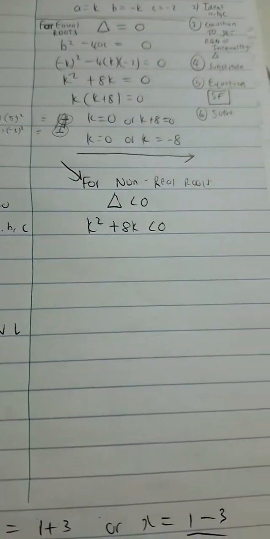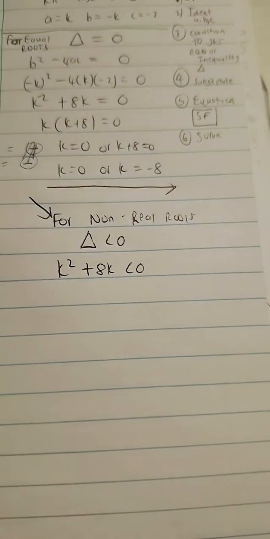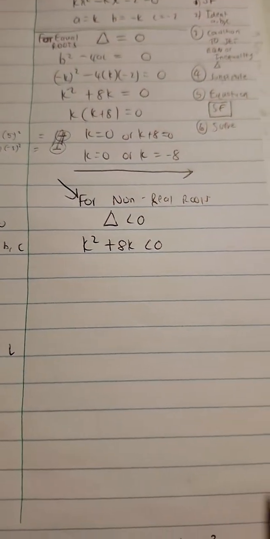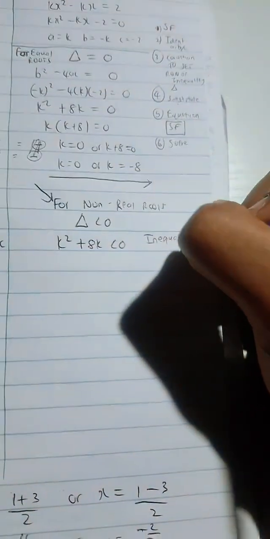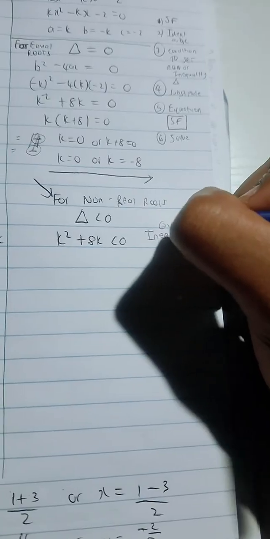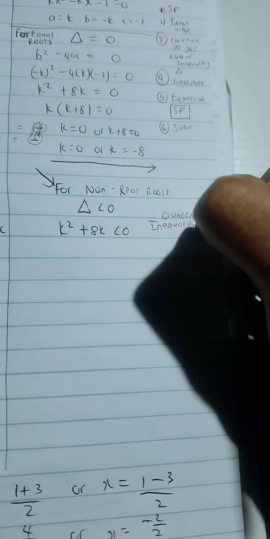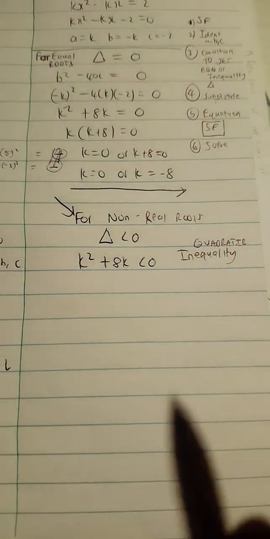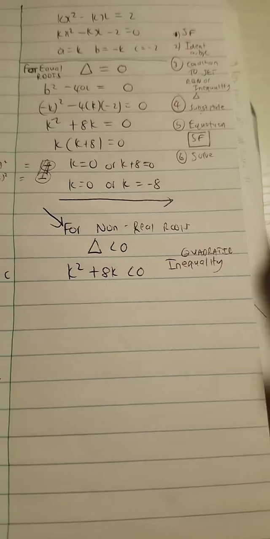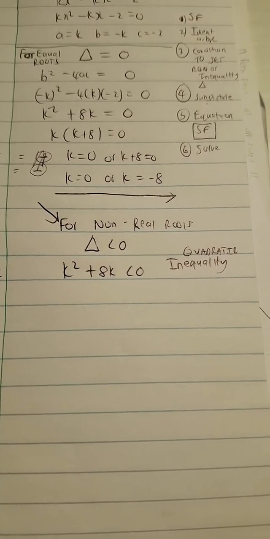and said less than 0. When you are here, you use the same method that you know when you are solving a quadratic inequality. Don't all of a sudden become someone who's doing something that you've never done before. A quadratic inequality is solved in a certain way.